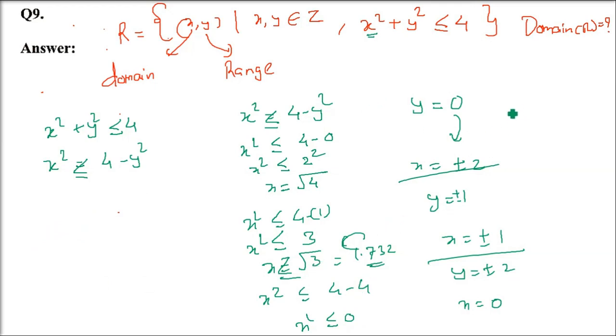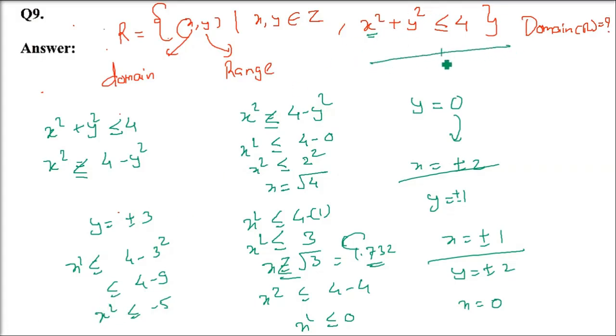Now, let us put y equals plus minus 3, and here it will fail. X square is less than or equal to 4 minus 3 square. It's 4 minus 9, which is minus 5. This is not possible, because whatever integer value you put in x, x square will always be on the positive side of the number line.